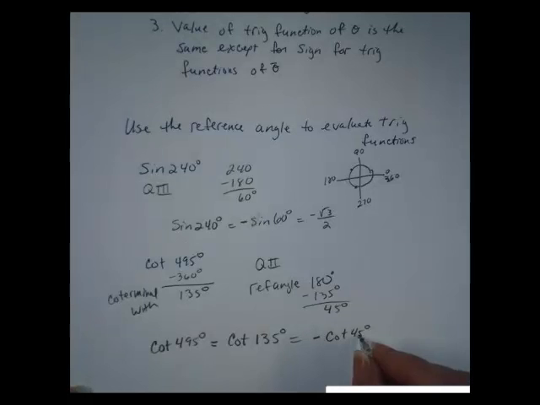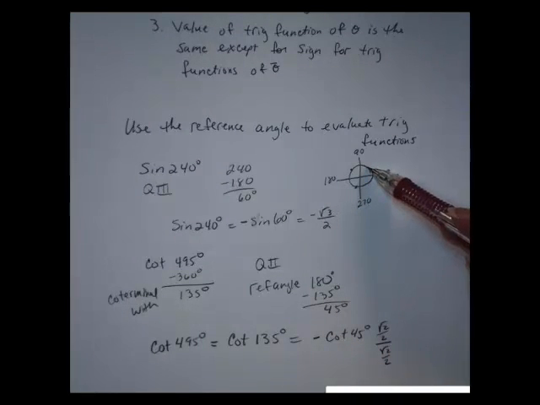And the cotangent of 45 degrees will be the square root of 2 over 2 over the square root of 2 over 2. Because 45 degrees is going to be our pi over 4, and our terminal point is square root of 2 over 2, square root of 2 over 2.